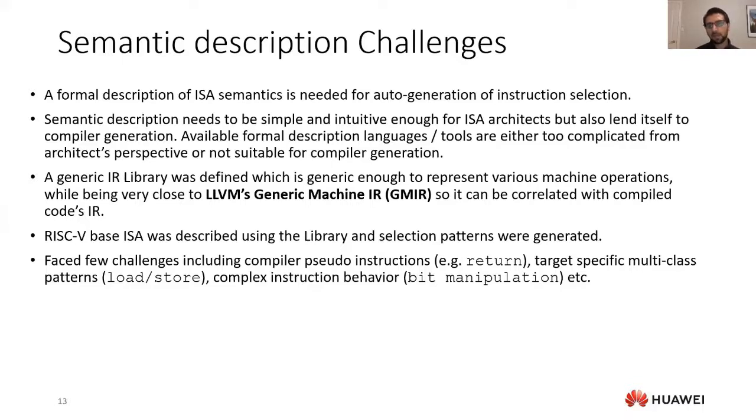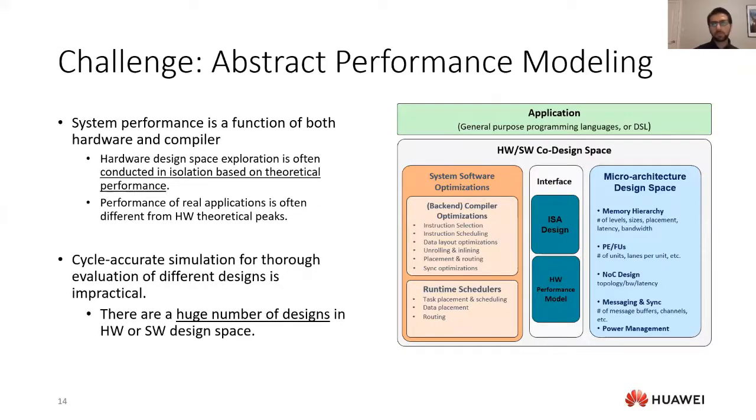And similarly, any target-specific multi-class patterns, in case of RISC-V, the load store, and any complex instruction behavior which cannot be modeled using the generic MIR. So this brings us to the last part of the challenges, which is being able to do performance modeling effectively.